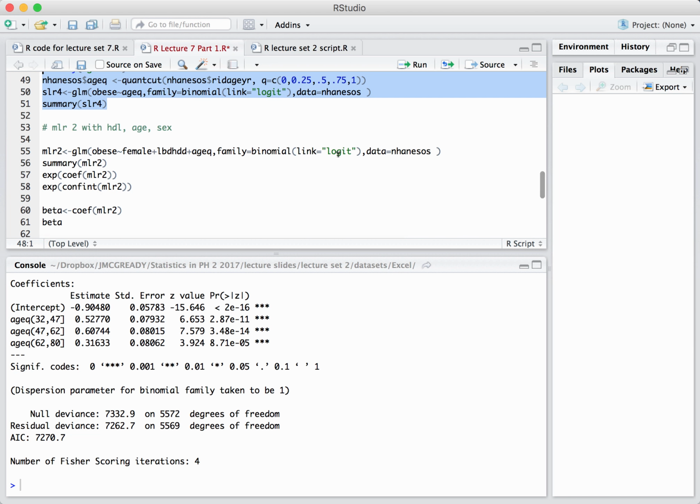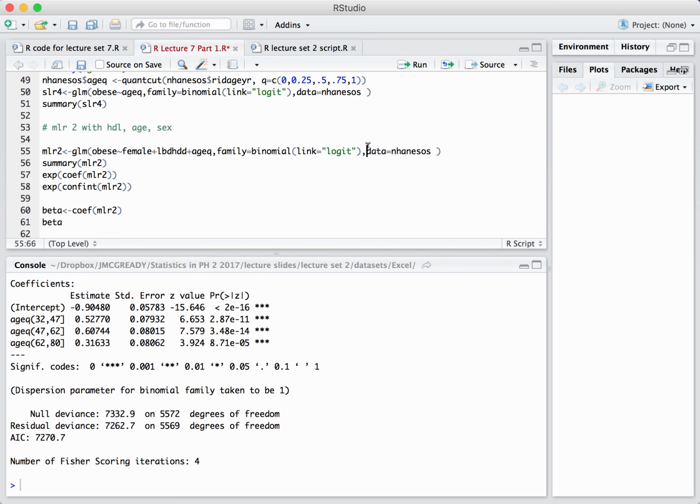So now let's do the multiple logistic regression, so that we can reproduce that final model we showed in the lecture: obesity as a function of sex, HDL, and age quartiles using this NHANES SOS data. All we have to do is still use the glm command. Obesity is still our outcome, but now we put in the predictors of interest in additive format: sex, called female, plus HDL plus age quartile.